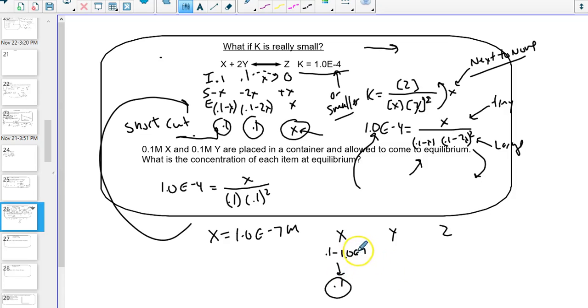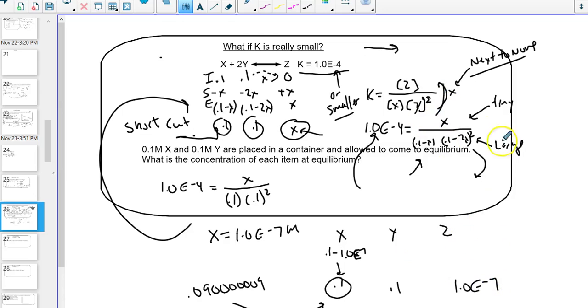That's how small that value is. It'd be like 0.0999999, so we're going to say that this is basically the same thing. This also is going to be 0.1. And this guy is going to be 1.0 e to the negative seventh. Very little transferred over here.